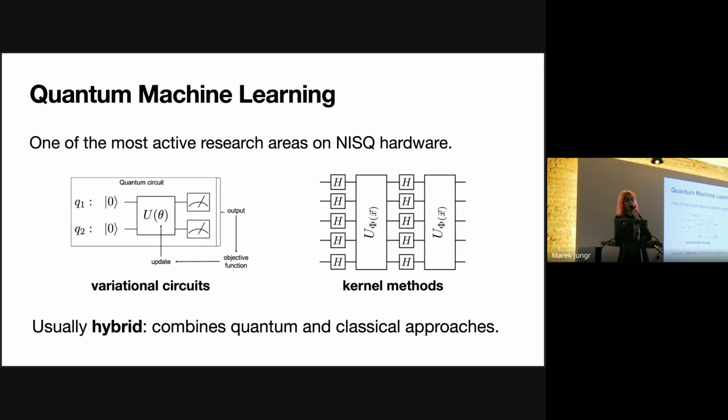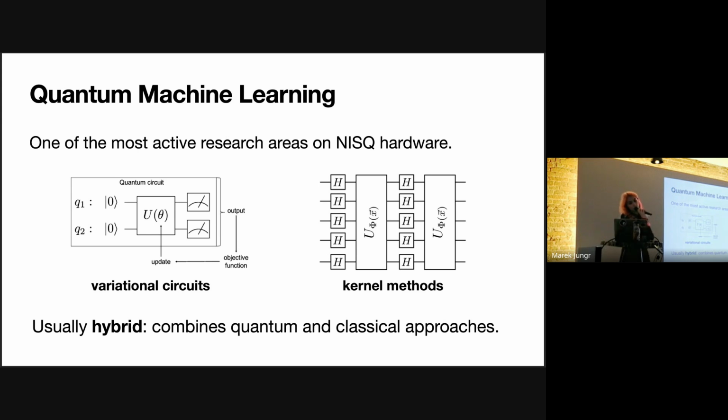So especially in machine learning, the most common way is to split it and exploit the part of the algorithm in which the quantum computer can maybe bring some advantage, and for the rest use the classical computer.